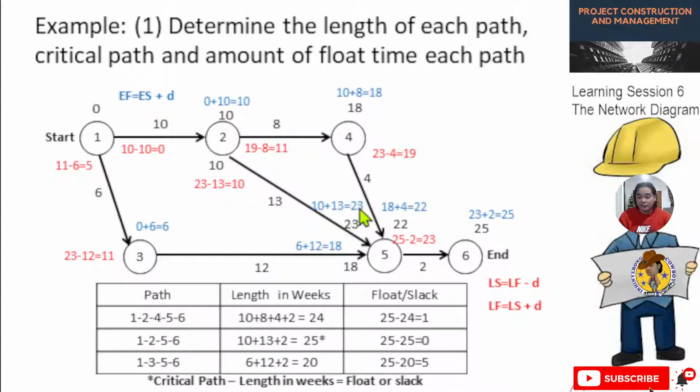The highest days for this one is 23, so we'll choose 23 since it is the highest. So 23 will be the early start, then plus 2, the duration. So the early finish now will be 25 days.